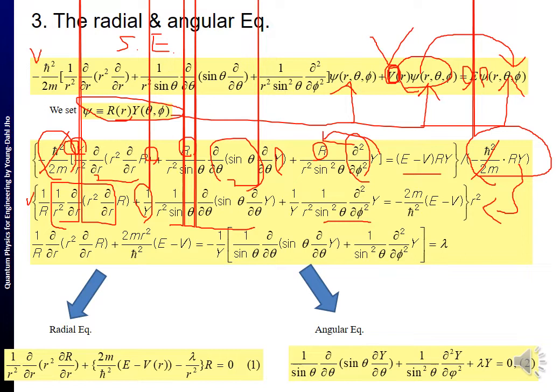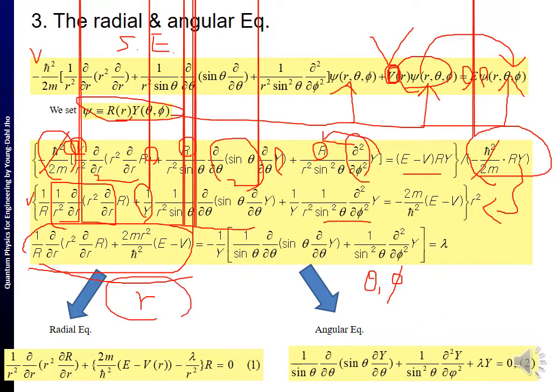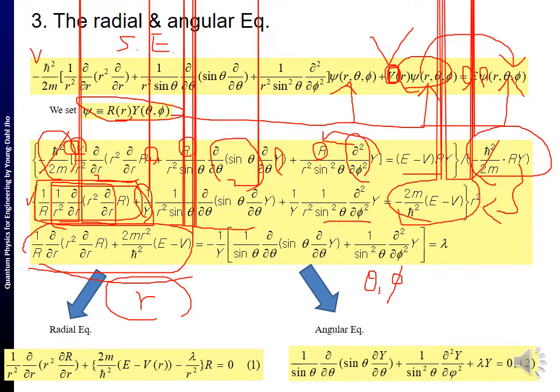And then it is arranged like this. Here the left hand side is a pure function of r, the r dependent part. The right hand side is the zeta phi dependent part. But you can easily see that this r dependent part is somewhere here.